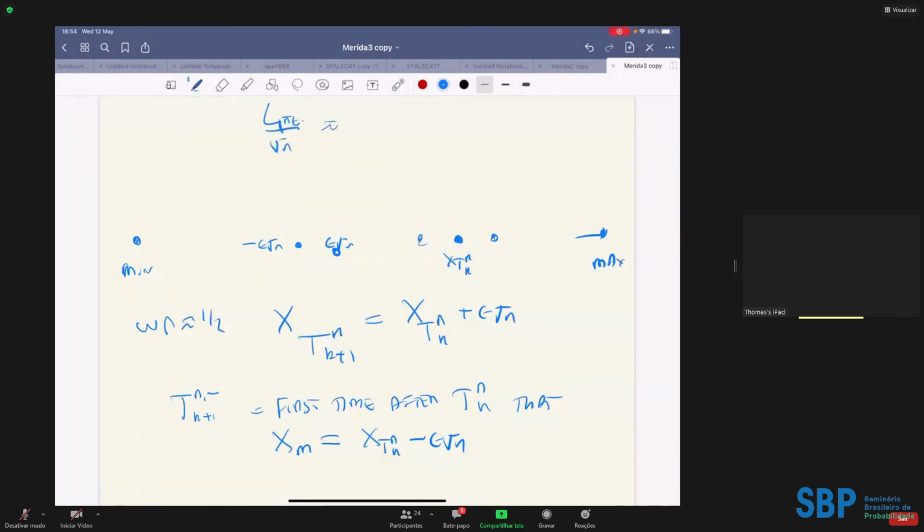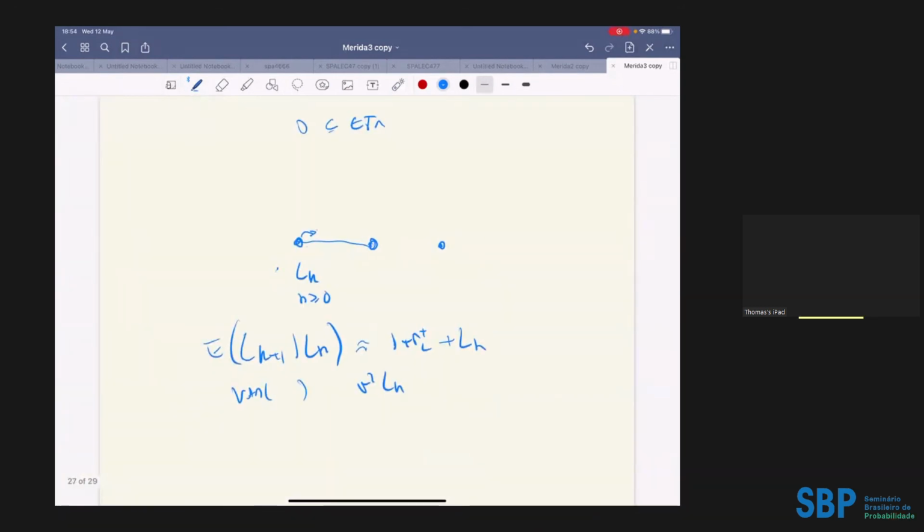This is going to be like a Bessel squared process as you move here, L t square root of n divided by square root of n.